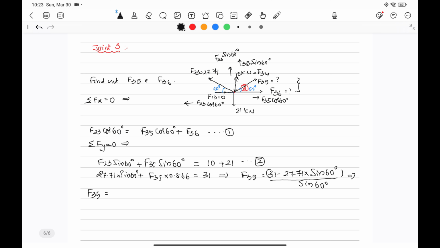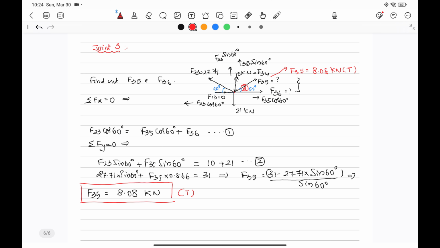That is equal to 8.085, and we will take only 2 digits after the decimal, 8.08 kilonewtons. Its value is positive. That means whatever direction we have assumed is the correct direction for F35. Hence, it is tension. F35 is 8.08 kilonewtons tension.